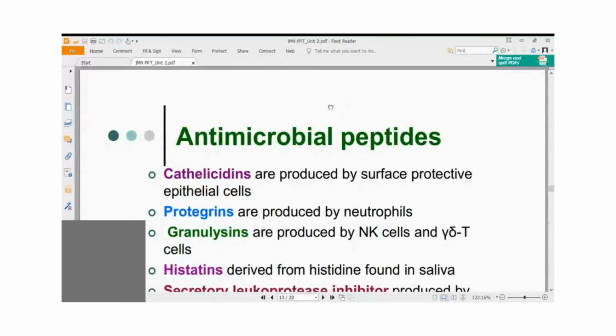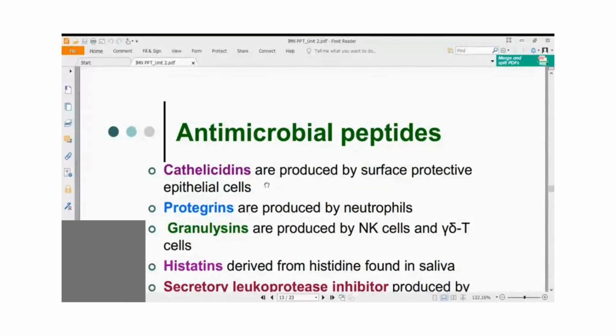There are other antimicrobial substances. One example is cathelicidins, which belong to a family of proteins called cathepsins. They are micropeptides, small peptides, and they are capable of readily inhibiting gram-positive and gram-negative bacteria. They are produced on the epithelial surfaces.